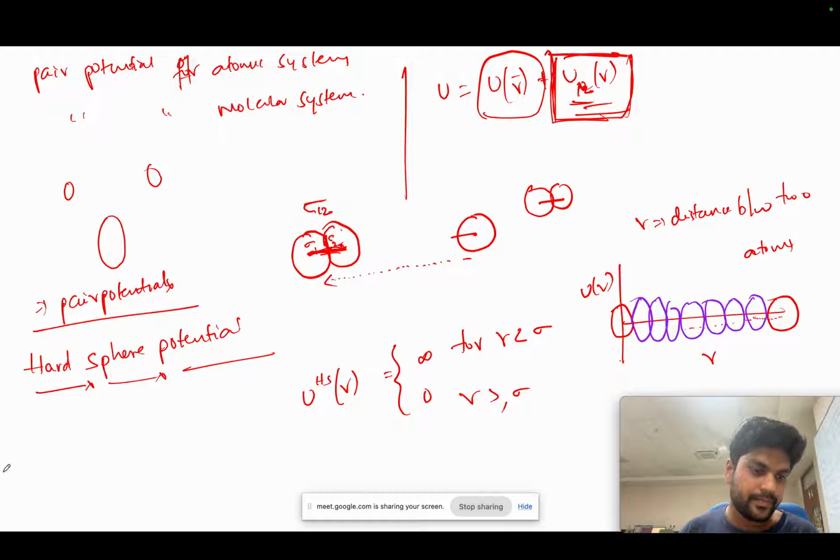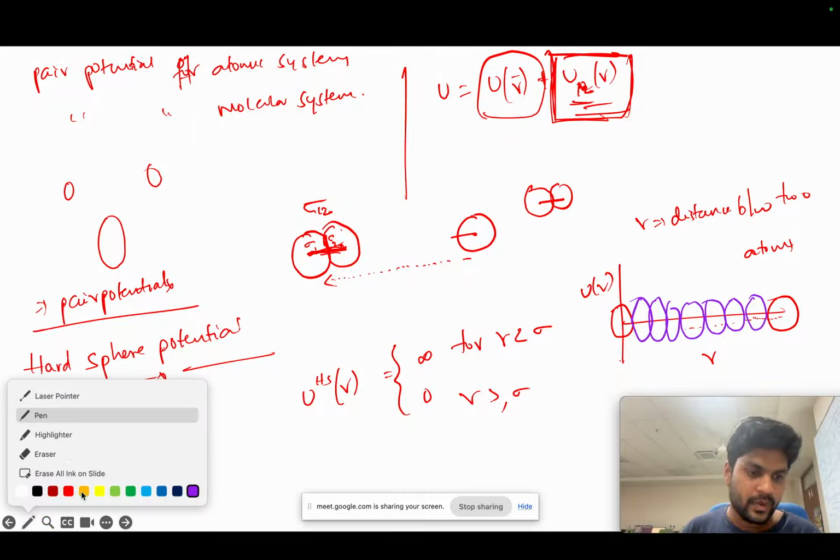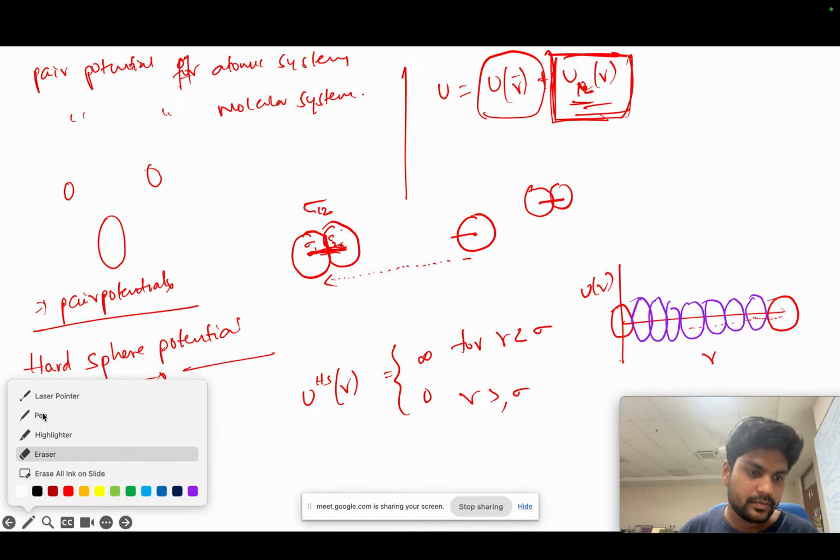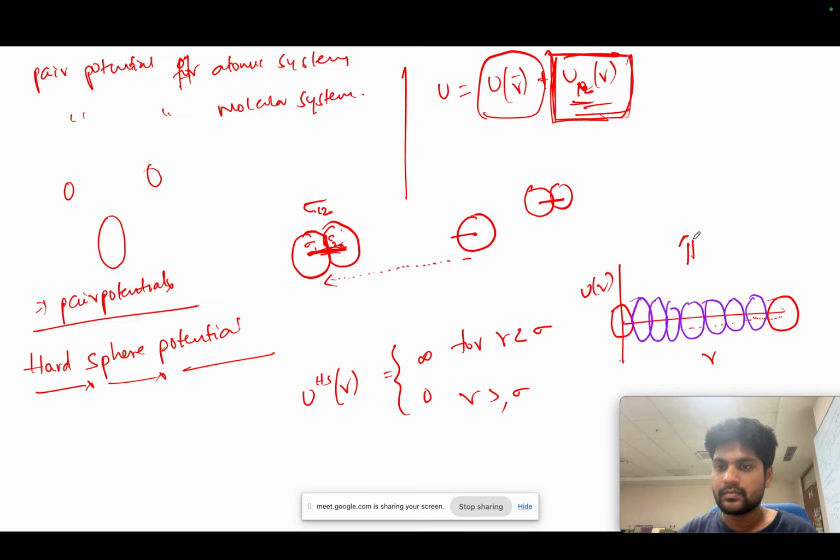So now for this case, the u of r will be, it is on the 0th line.